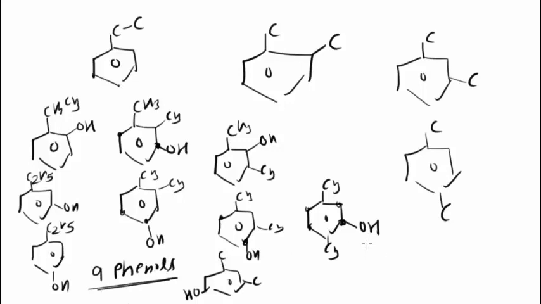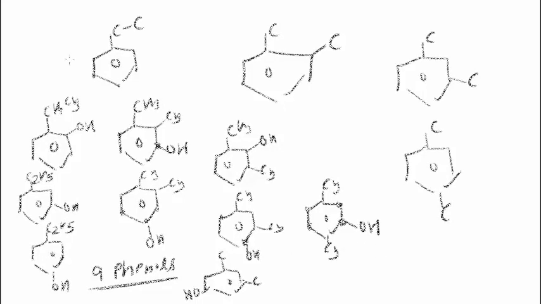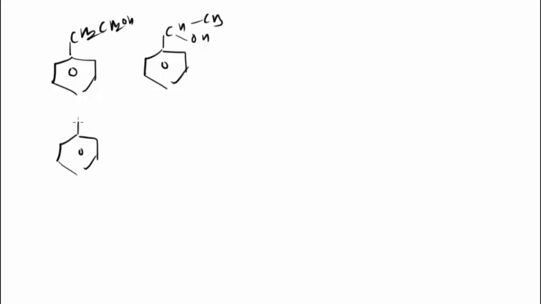Now, if you try to write alcohols, from the first skeleton I can write this as my first alcohol and this as my second alcohol, right? From the second skeleton, I can write this alcohol.